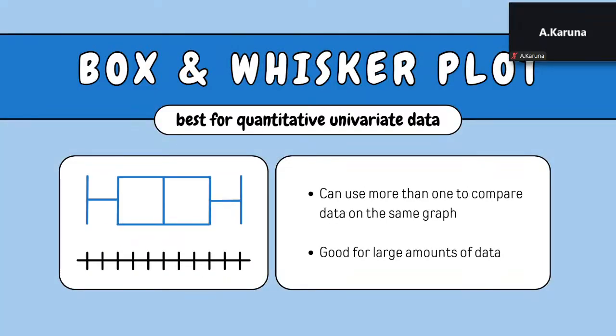Next, we have the box and whisker plot. This is best for quantitative univariate data. So it's one variable, but numbers. Quantitative means numbers, right? And univariate, one variable. So it can be used to compare more than one data on the same graph, okay? And this is good for large amounts of data.